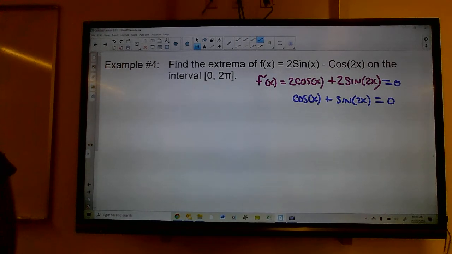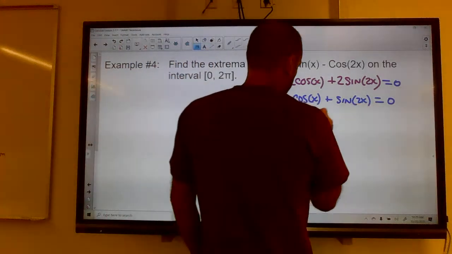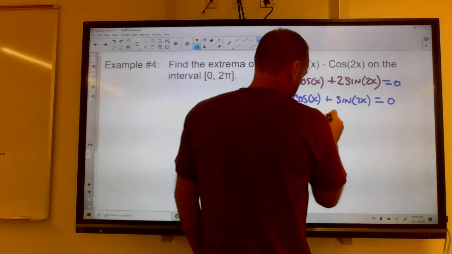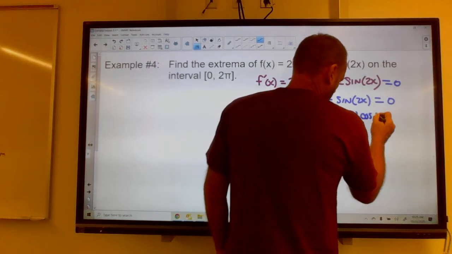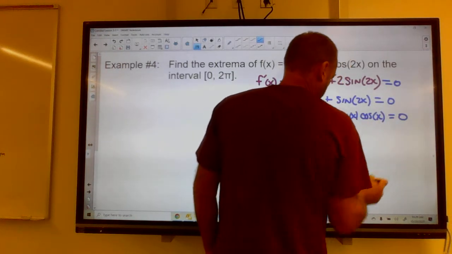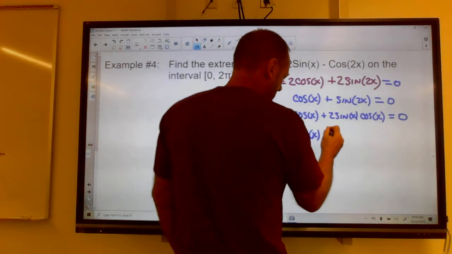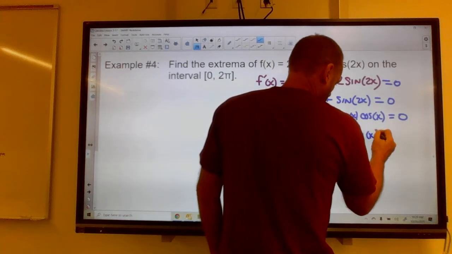Oh, yeah, I can simplify this. Sine 2x, if you remember from last year, is 2 sine x cosine x. That'll make this easier to solve. And now I can factor out a cosine: cosine x times 1 plus 2 sine x.